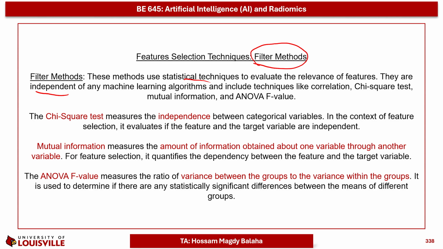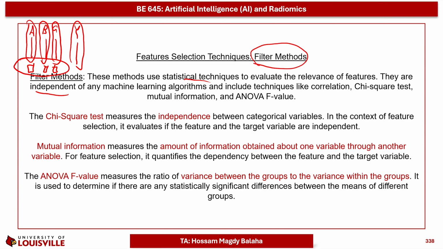We have a set of features, let's say column A, column B, and column C, and the category, let's say Y. Here, the filter methods, let's say you are using the chi-square test, measure the chi-square relevance between each feature and the category and get a score here, and the same for B and the same for other features. And then according to that score, it sorts them and picks the highest score or lowest score according to the technique.